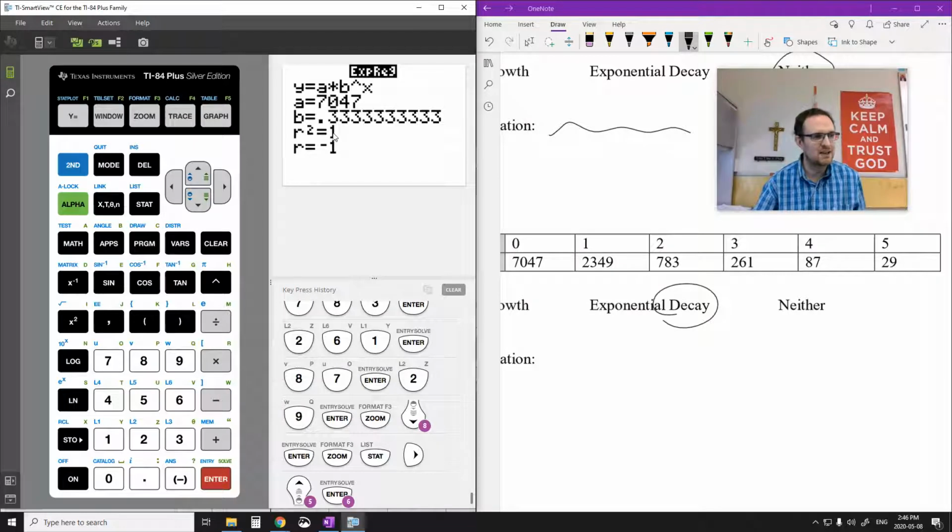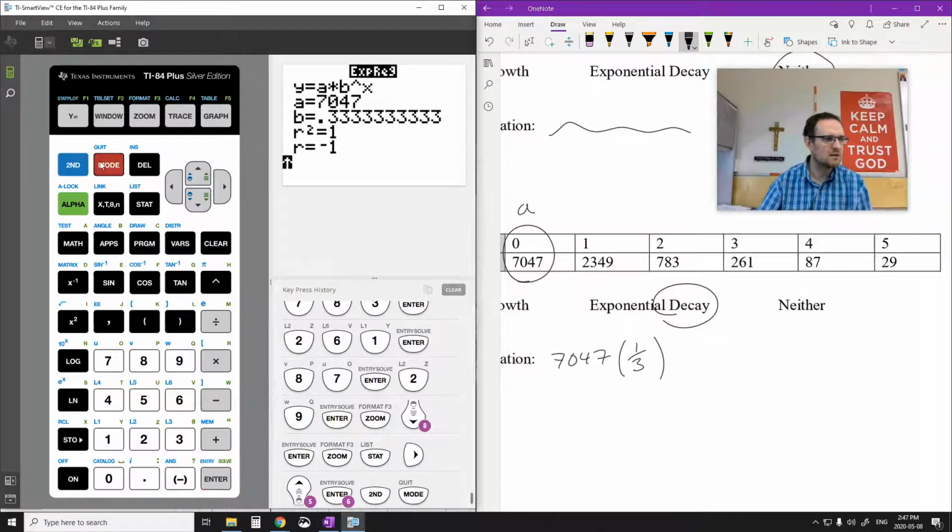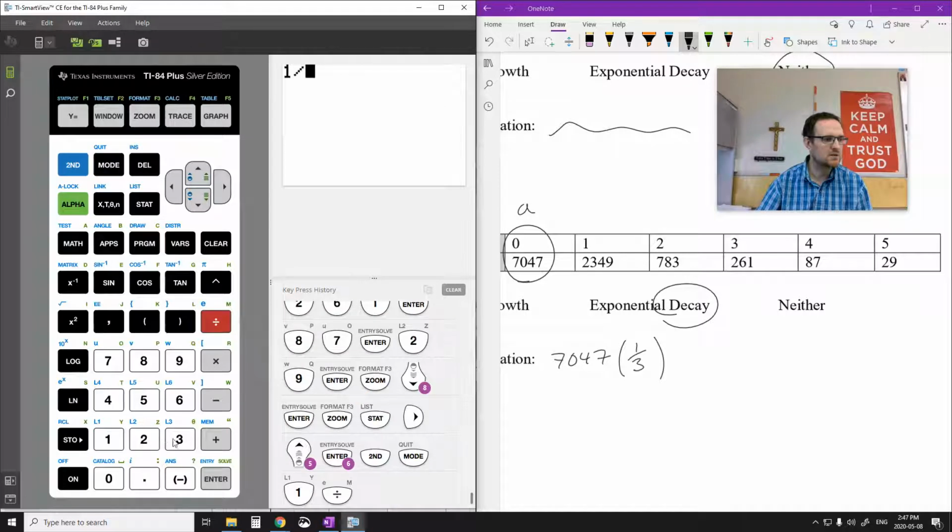It gives us this b value of 0.3 repeating. So I'm going to write this out. It says my a value is 7,047, which makes sense. It's my y-intercept, so that's my a value. My b value is 0.3 repeating. What's 0.3 repeating? Is that 1/3? I'm going to double check that. It looks like a fraction, 1/3.